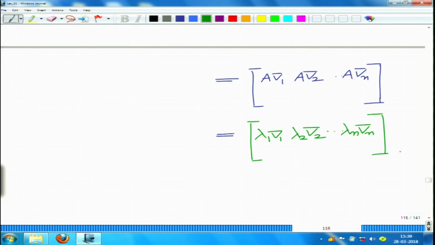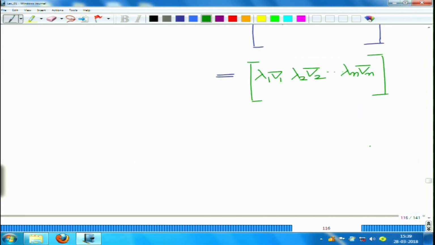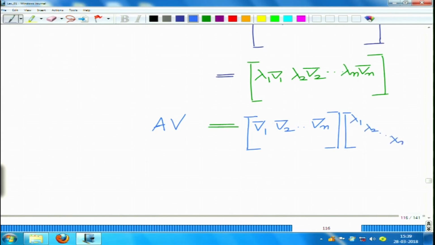These are the various columns, which you can now write as V1 bar, V2 bar, Vn bar times the diagonal matrix lambda 1, lambda 2, lambda n.